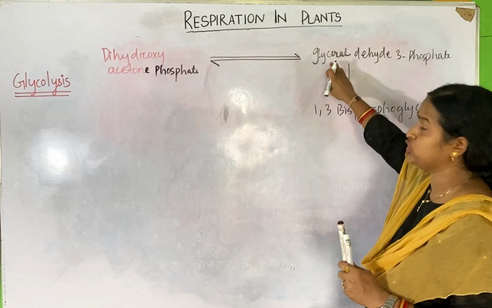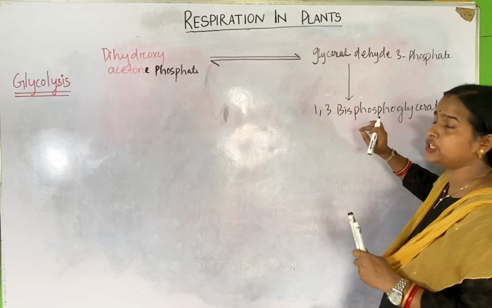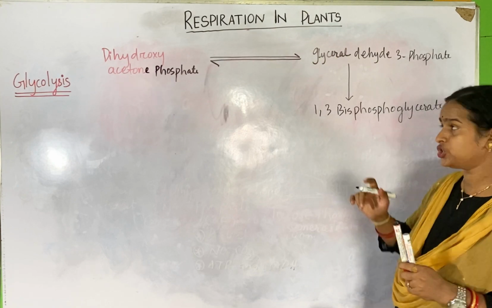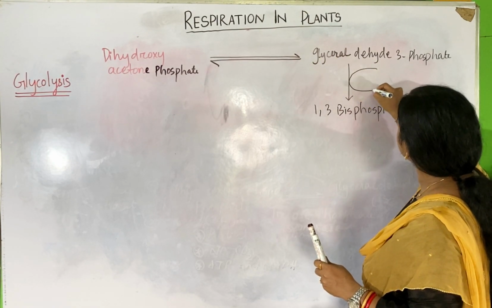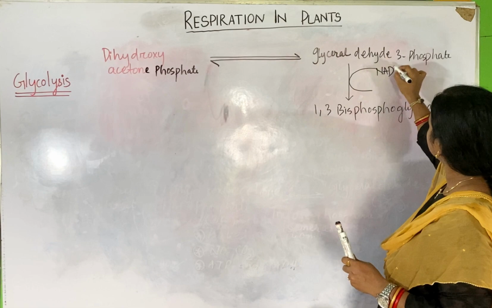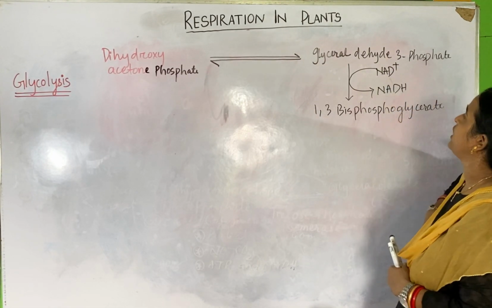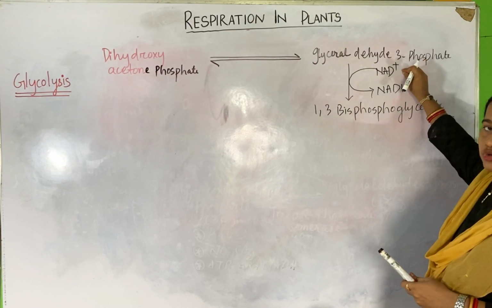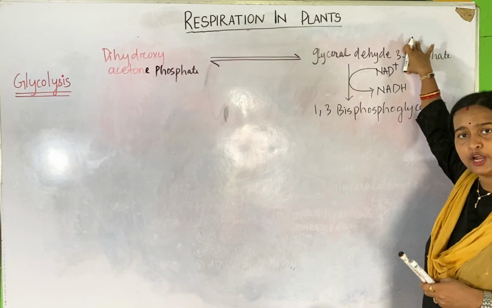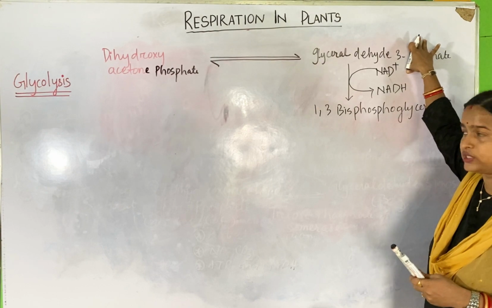It's an oxidation process. So if the oxidation is happening, something must be reduced. That reduction is the NAD plus to NADH, and this is the hydrogen acceptor, and this gives the hydrogen, that means this is the hydrogen donor.